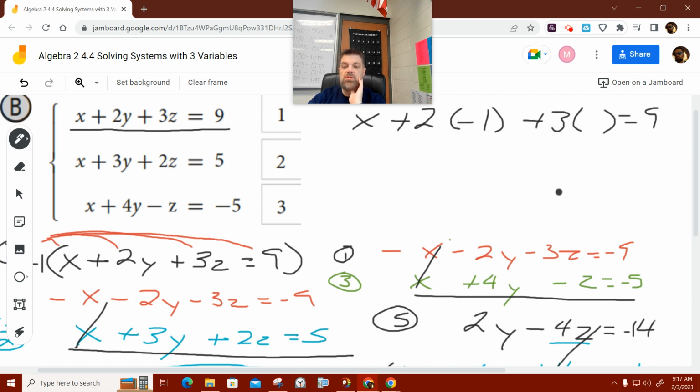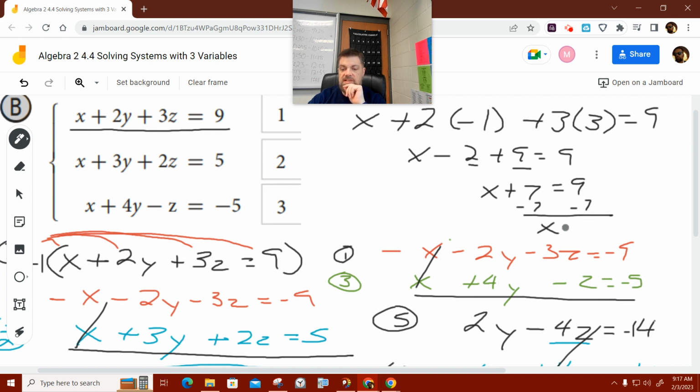We know that z is equal to what? 3. So then this becomes x minus 2 plus 9 equals 9. Combine like terms. 9 minus 2 is 7, so we get x plus 7 equals 9. Subtract 7 from both sides, and I get x is equal to 2.